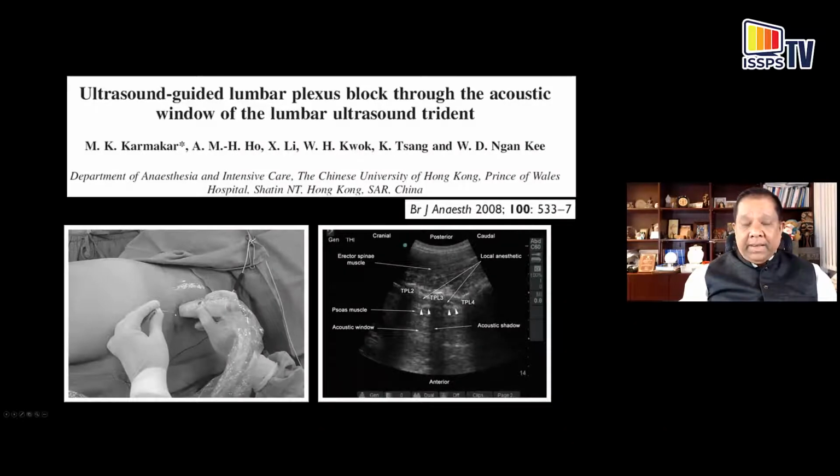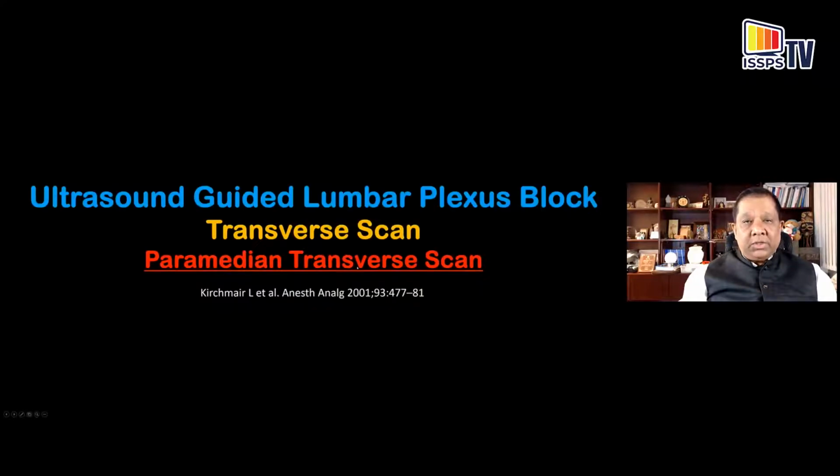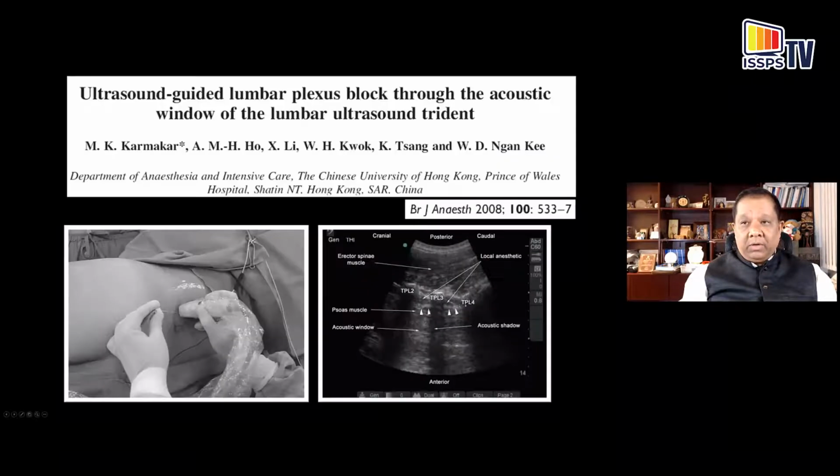Insert a needle in plane from the caudal to cranial direction, so much so that the needle is inserted into the posterior part of the psoas muscle. And because this is a deep block, we often combine this with nerve stimulation, and you are looking for ipsilateral quadriceps muscle contraction. Thereafter, you inject the local anesthetic.